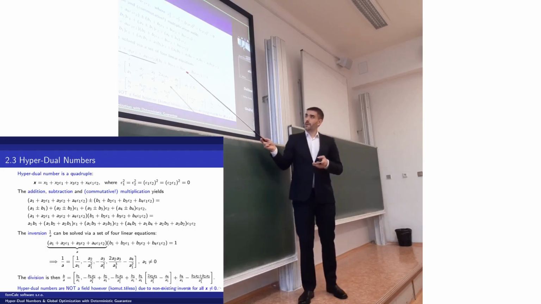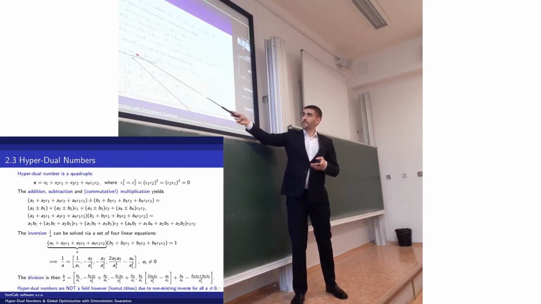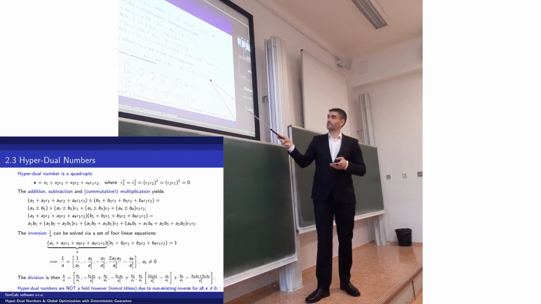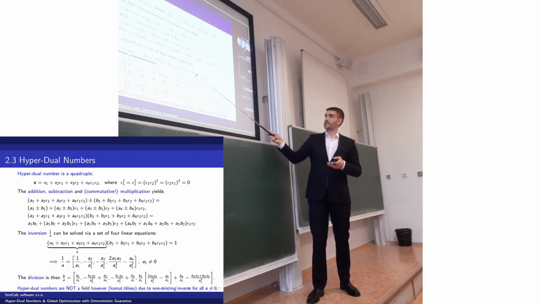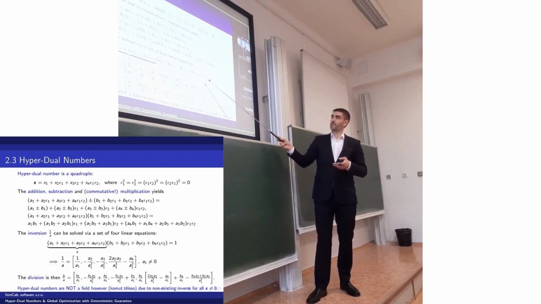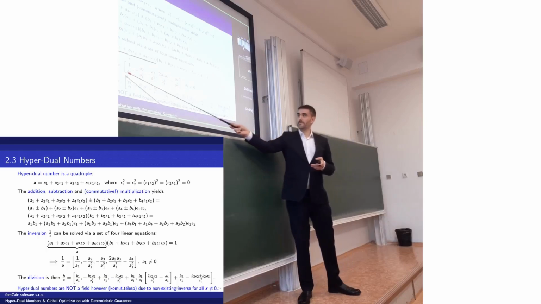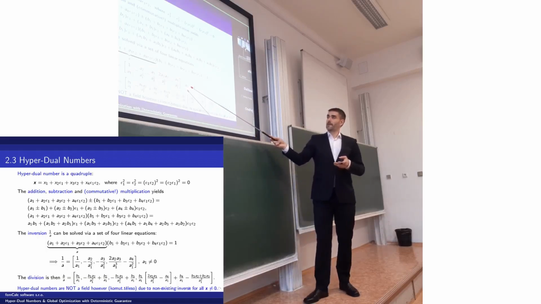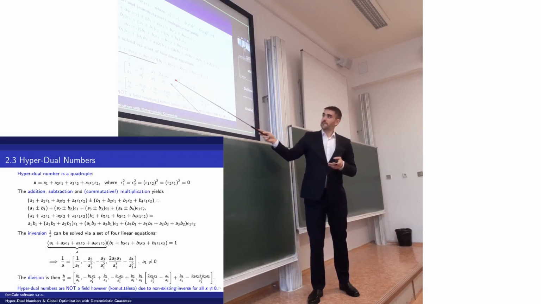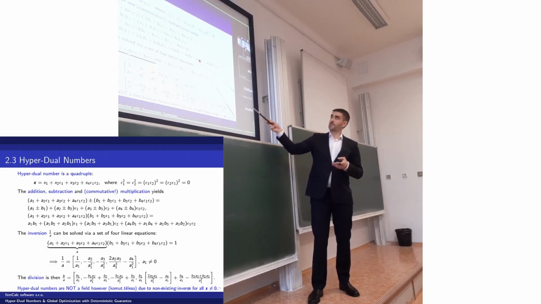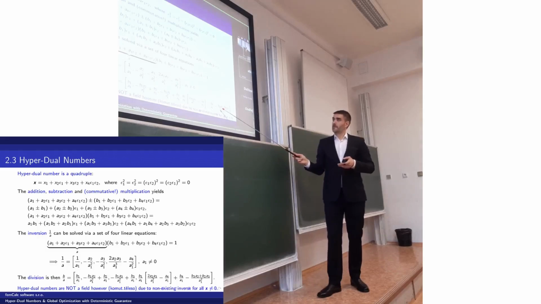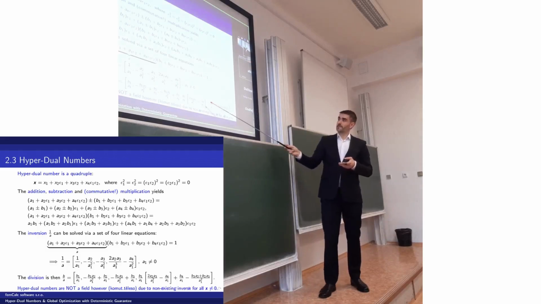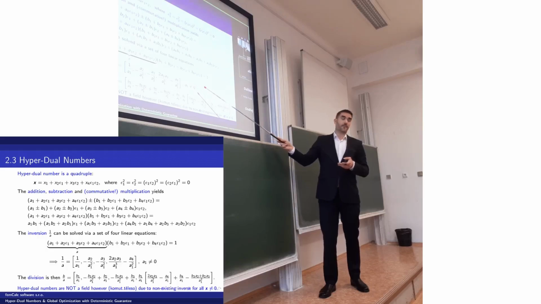Then if we want to evaluate the inversion 1 over a, we can evaluate it from this equation. So this is a, and this is 1 over a expressed as a general hyperdual number. If we multiply these two brackets and compare components, we get this explicit form. And if we multiply this by b using this rule, we get the explicit form for the division, which can be used for any values for which a1 is non-zero.